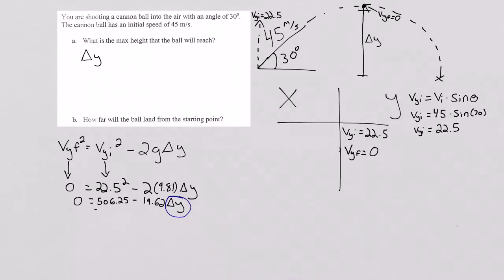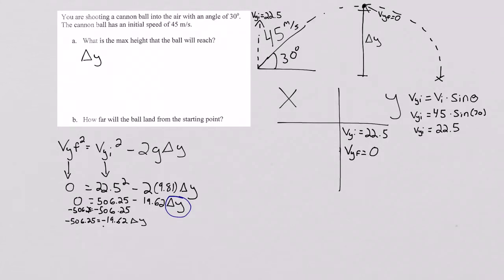Now it's simple algebra to get delta y alone. Subtract 506.25 from both sides: negative 506.25 equals negative 19.62 multiplied by delta y.